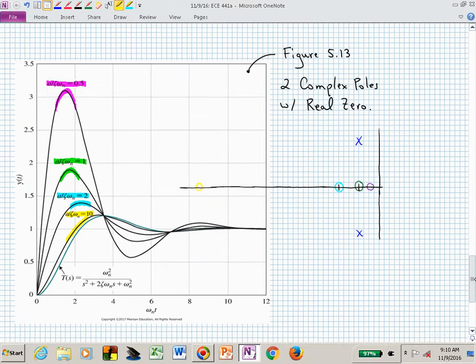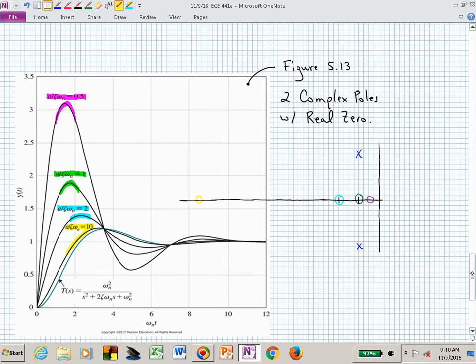The more interesting behavior, which I apologize if it's color challenged, since that purple sort of washed out what I was trying to show, is here this ratio of A over zeta omega sub n. Remember what zeta omega sub n is: that's the distance of the real part of your closed loop poles.